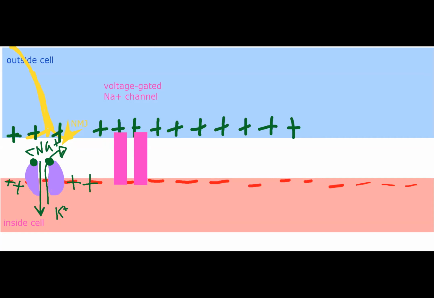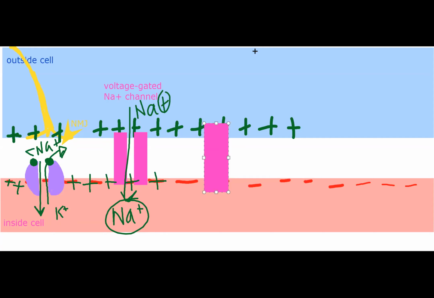And when that channel opens, sodium, which carries a positive charge, is going to start flooding in to this area of the cell. This causes the membrane potential in this area to start becoming positive. As we move down the line, essentially we would have more voltage gated sodium channels down the line.